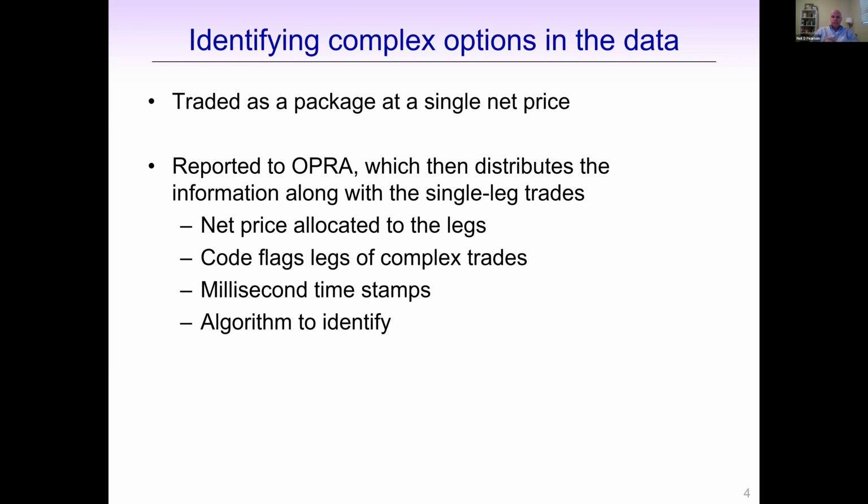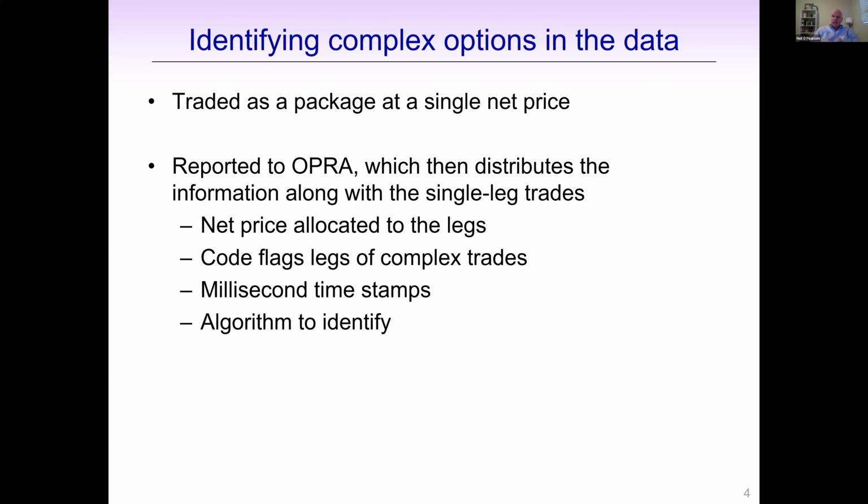Okay, and now 11 of the 16 options exchanges provide protocols that allow you to execute complex packages at a single net price. The complex trades are not reported as complex trades per se. What happens is that the trades are reported to OPRA, which then disseminates them.